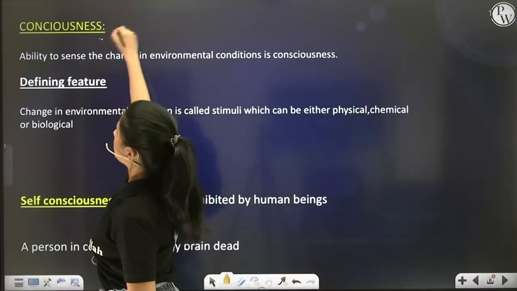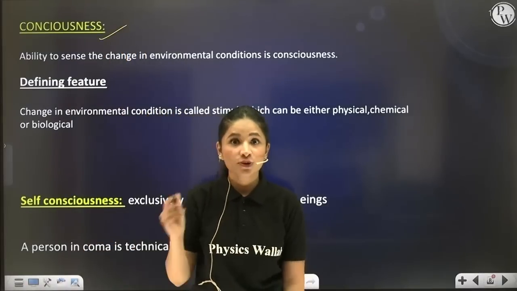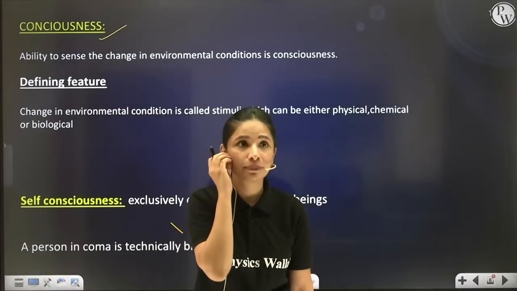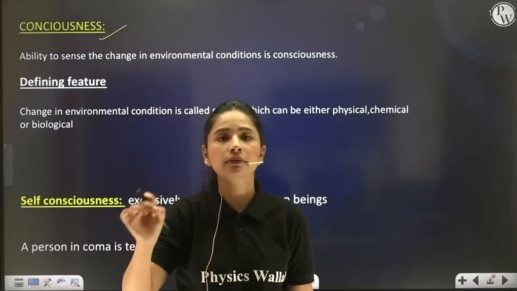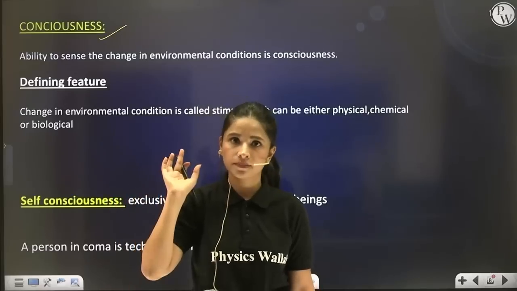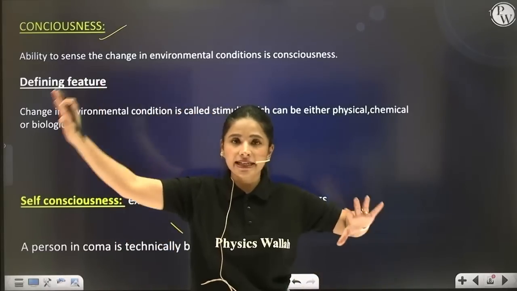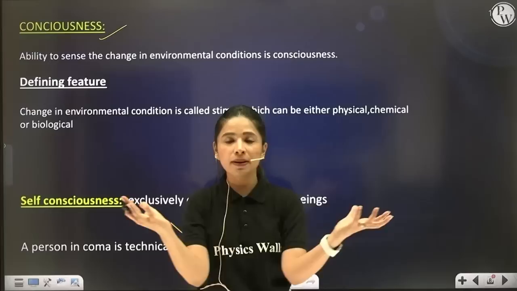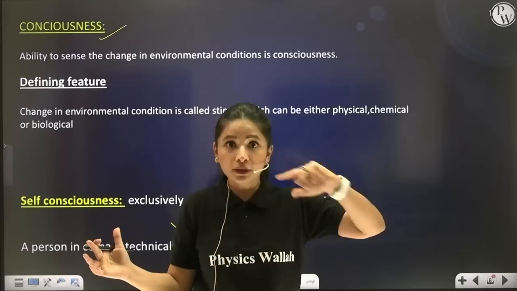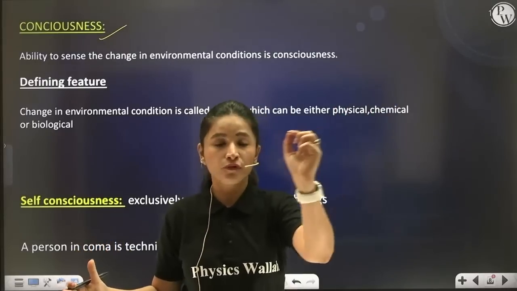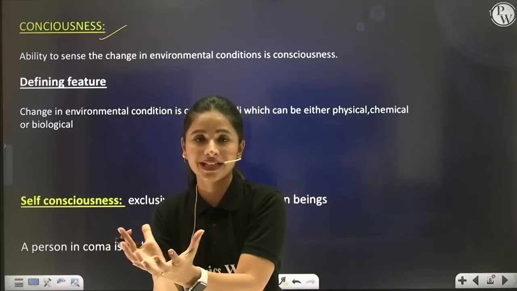Okay, so what is consciousness? Consciousness is the ability to sense the change in environmental conditions. Whatever change is taking place in your nearby surroundings, you are able to sense it and you are able to respond to it.